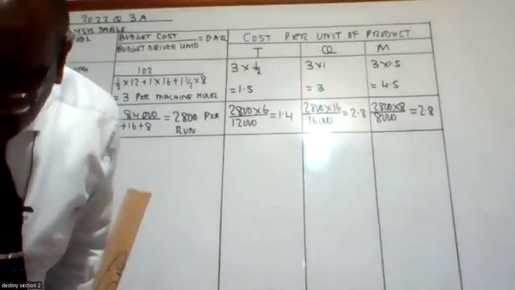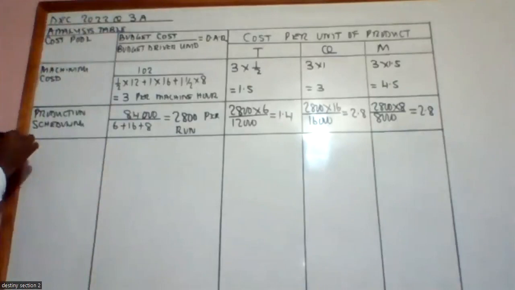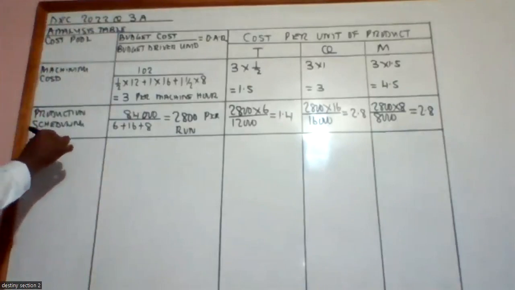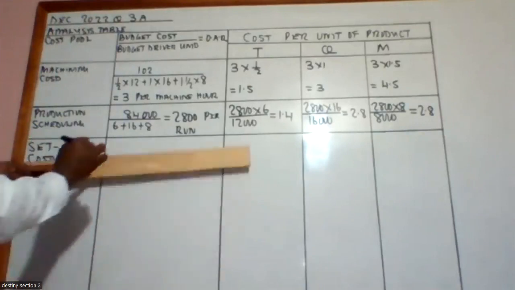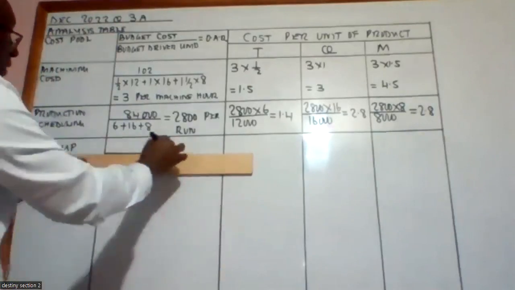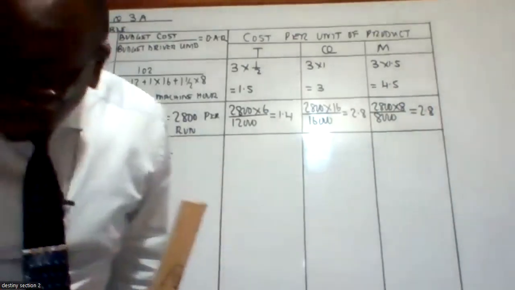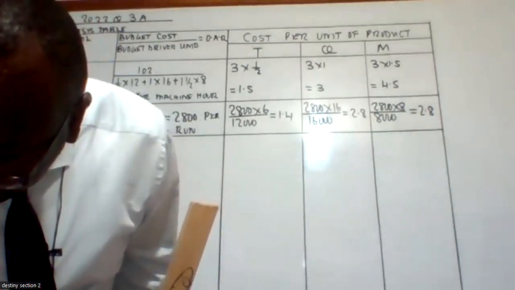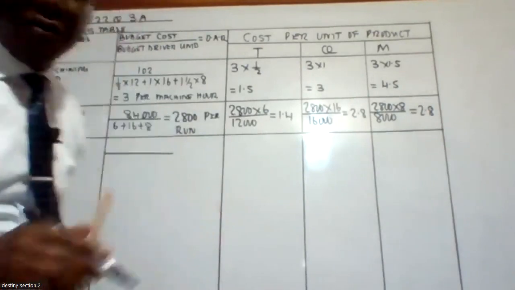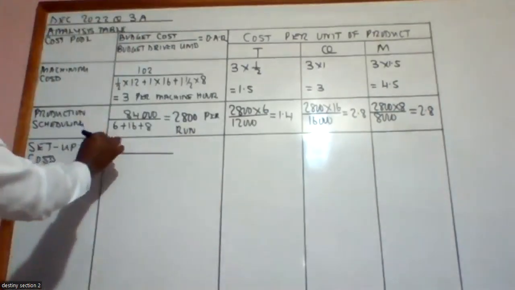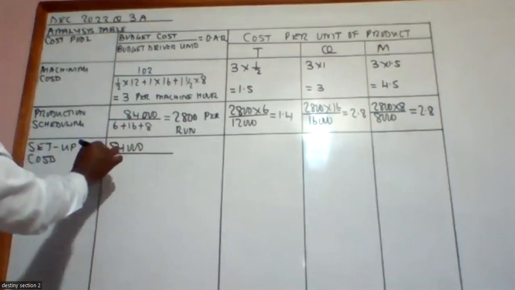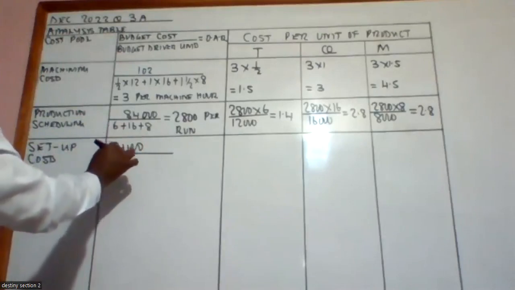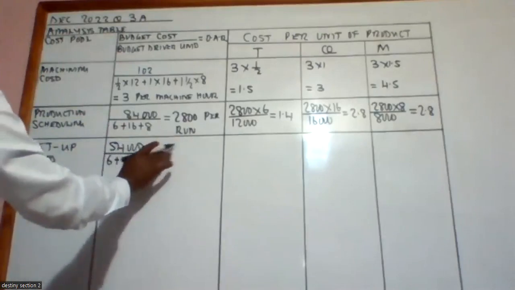The next one is setup costs. Now in the setup costs here, the cost is also driven by the number of production runs, and it is 54,000. So you take this 54,000 and divide it by 6 plus 16 plus 8.